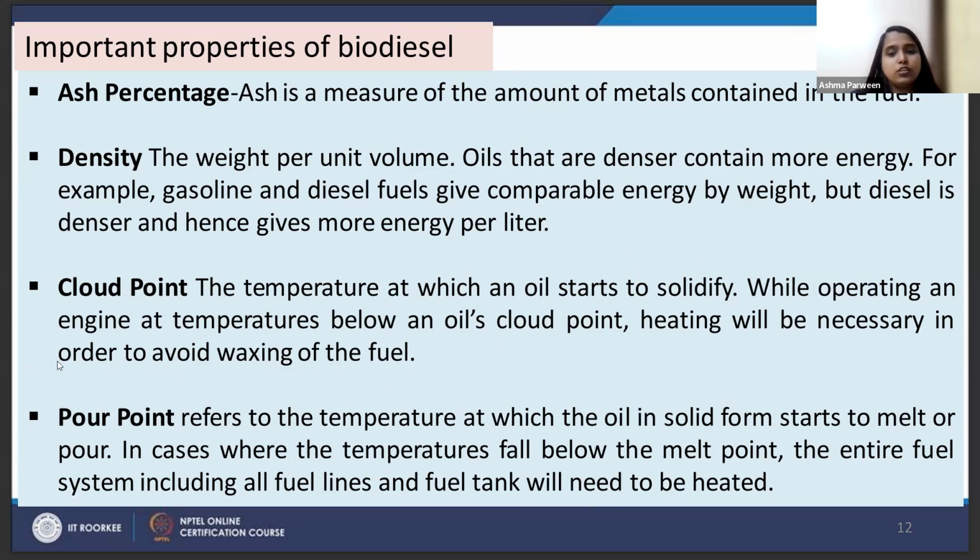Next is pour point. This is the temperature at which the oil in solid form starts to melt or pour. In cases where the temperature falls below the pour point, the entire fuel system, including the fuel lines and fuel tanks, will need to be heated.